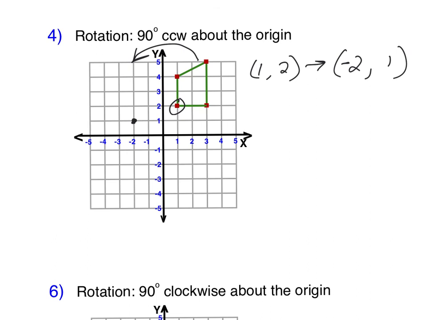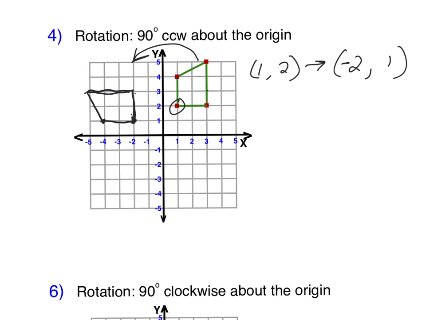Whatever was perfectly horizontal is now going to be perfectly vertical. So it's going to go up 2 because we went to the right 2. From there, we're going to go 1, 2, 3 to the left, and we are coming diagonally back to here.